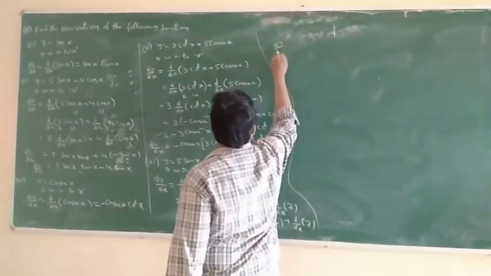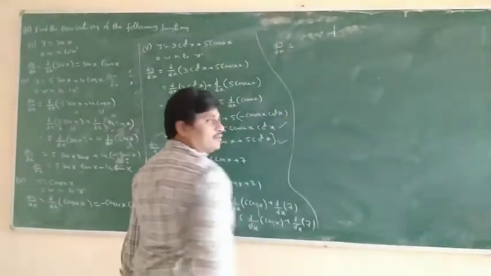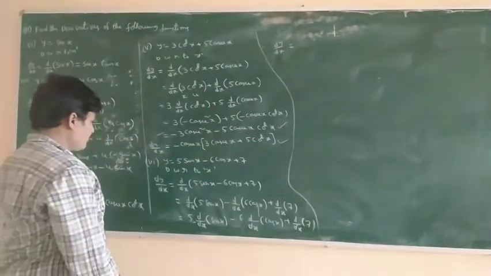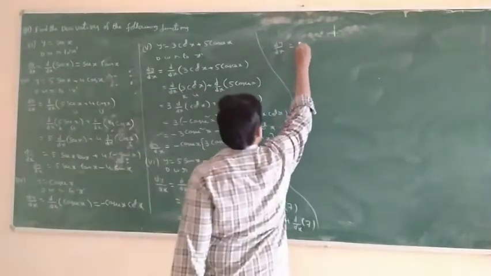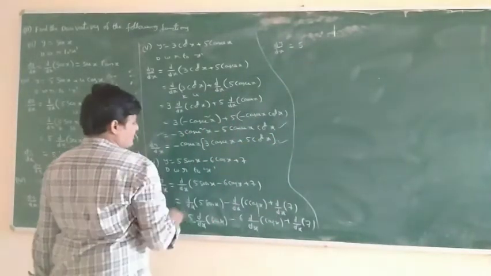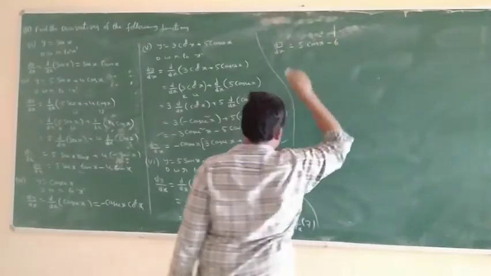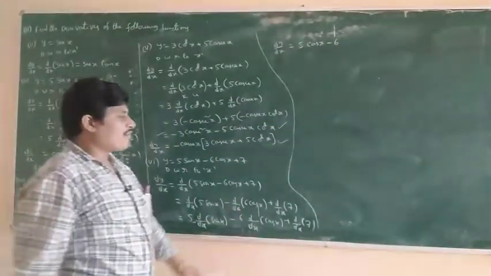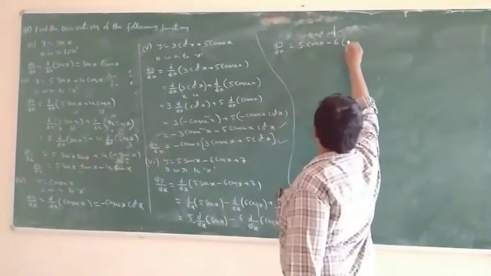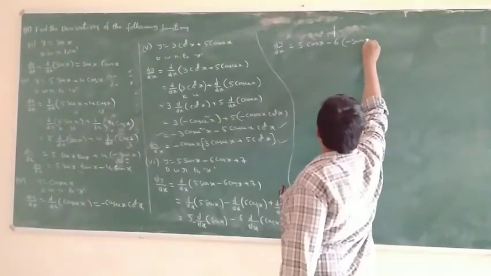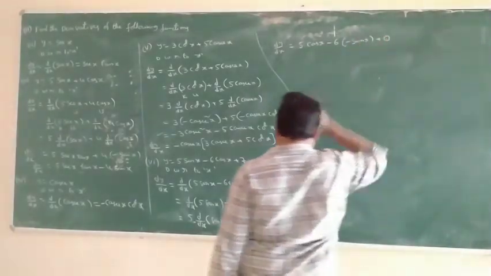So dy by dx is equal to 5 into derivative of sin x. Derivative of sin x is equal to cos x, minus 6 into derivative of cos x. Derivative of cos x is equal to minus sin x, plus derivative of 7.